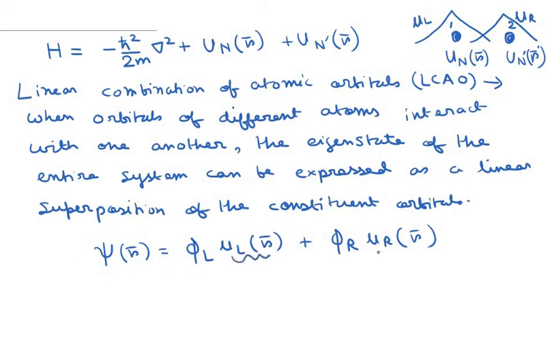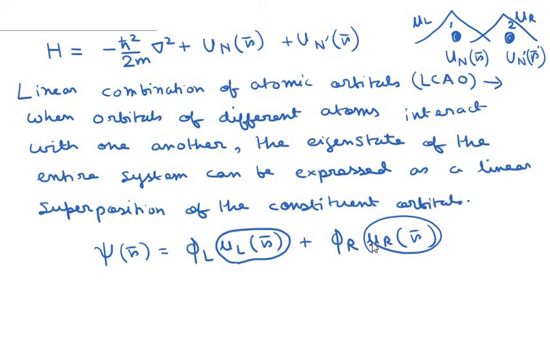This is the eigenstate of the system when the two atoms were far away from each other. That is, this is the eigenstate of the isolated atom, the orbital of the isolated atom.